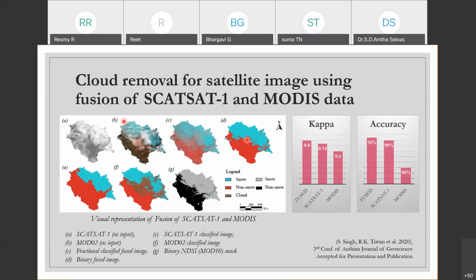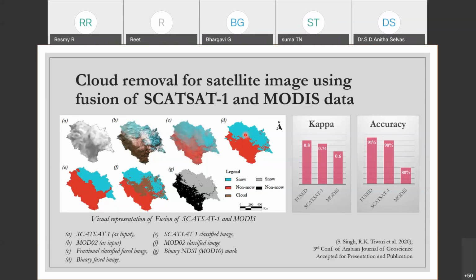In this image we can see clearly that a lot of cloud is present, but when the fused image of the MODIS and SCATSAT-1 was used, we got a better resolution, we got a better classified output from which we can find out the snow and non-snow region.